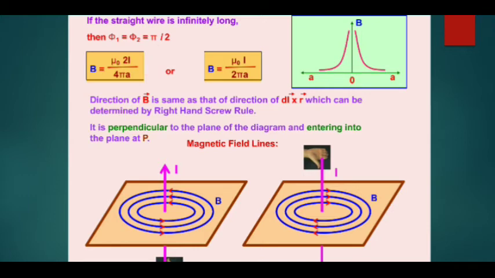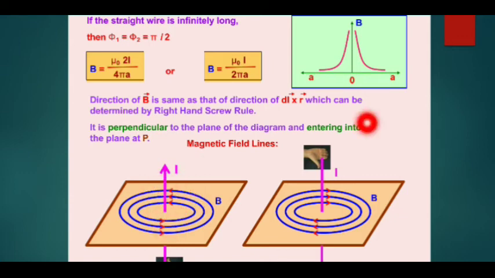Now another condition: the direction of the magnetic field is the same as the direction of IdL cross r, which can be determined by the right hand screw rule. It is perpendicular to the plane of the diagram. When the current flows from bottom to top, by the right hand rule, the magnetic field around the conductor is in the anti-clockwise direction.